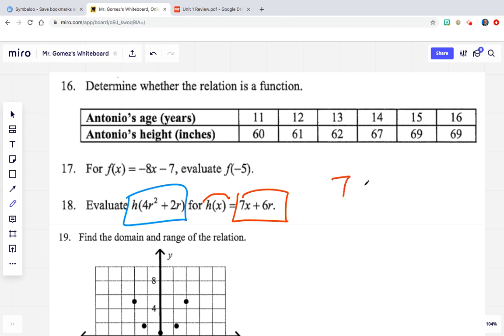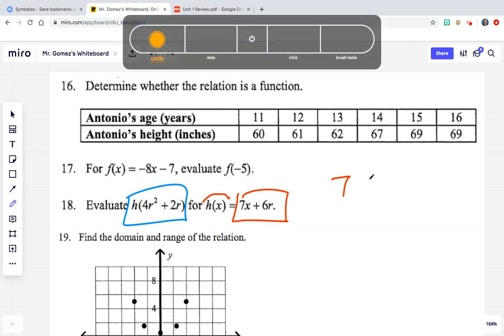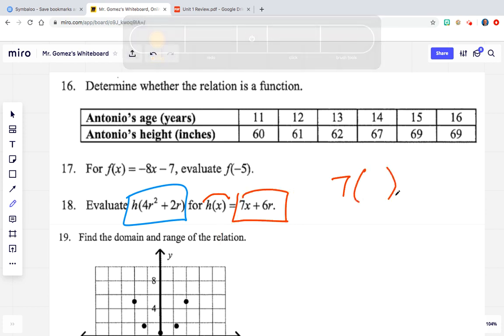So we'll build our machine, and whatever this variable is, if it's x, if it's r, if it's p, whatever it is, that's what we're going to look at in the machine and leave parentheses for an input value to be placed in there. So you notice how I just still wrote this r. I didn't put parentheses where r was at because the input variable is x, and that's how it's defined in function notation right here.